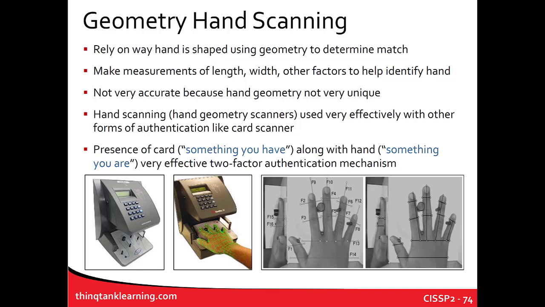All right? The only, I guess, primary limitation would be hand shapes aren't highly distinctive. So you could have a higher false acceptance rate compared to something like an iris scan or retina scans.